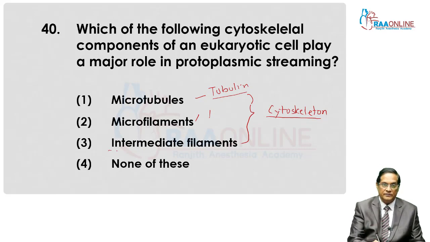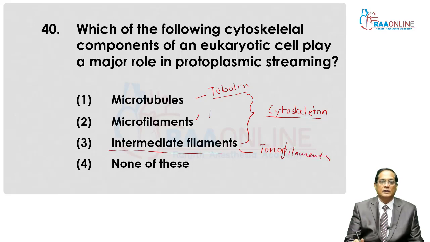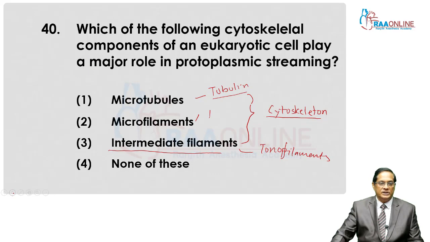And intermediate filaments are also proteinous; they are called tonofilaments. But here look at the question: out of these 3, which one is helpful in protoplasmic streaming? The answer is microfilament.